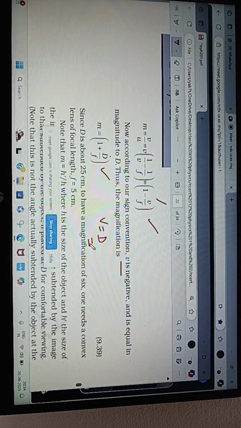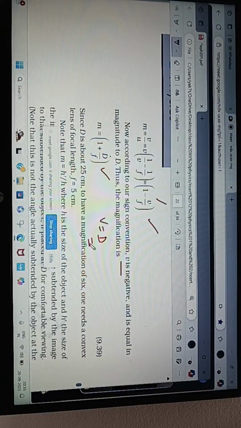That 25 centimeters is named as capital D. That is called DDV. Full form, what is DDV? Just now I told you. This is the minimum angle which you can see, sir. Like the minimum distance which you can see.